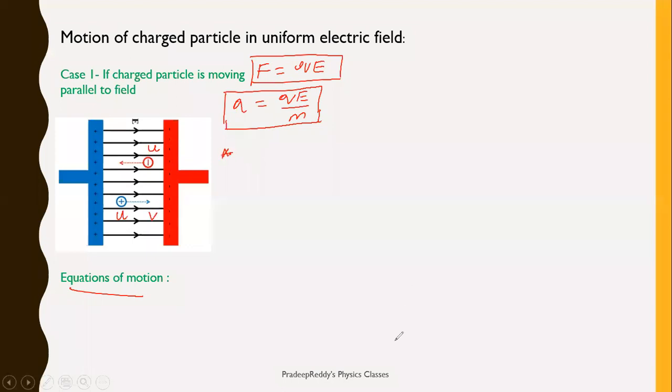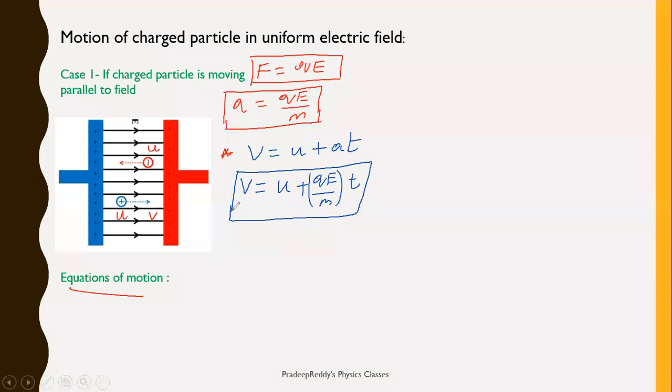Therefore, you can write down equations of motion as we have v is equal to u plus at. t is the time taken for acceleration. So final velocity v will be equal to initial velocity plus acceleration, which is qE divided by m, into t. This is the first equation of motion. So when you are placing a charged particle in a uniform electric field, final velocity is given by this equation.